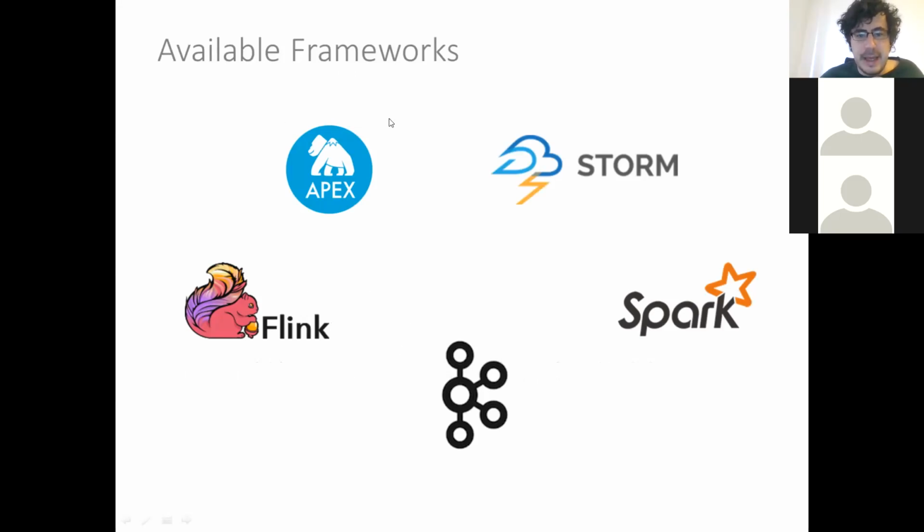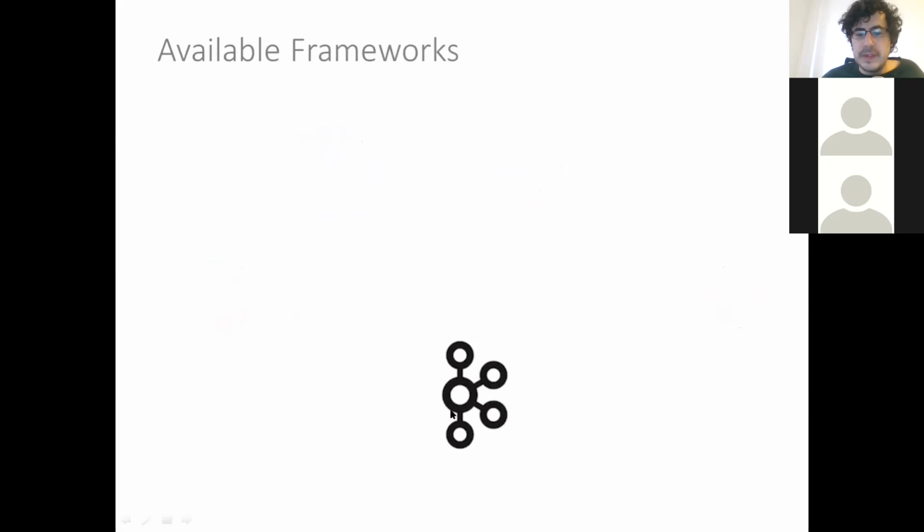There's Apache Flink, Apex, Storm, Spark, and this one here, which is K for Kafka. They all have a similar sort of purpose. They have different trade-offs and strengths and weaknesses. We'll just speak about one, and the one we'll speak about is Kafka.